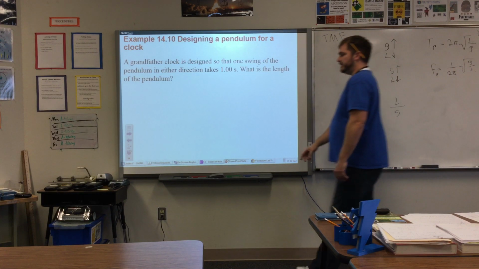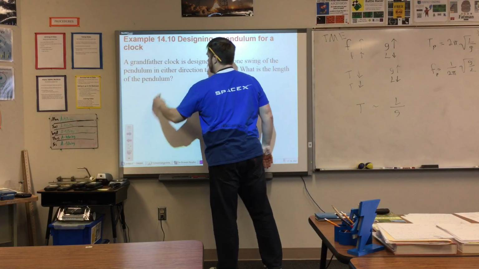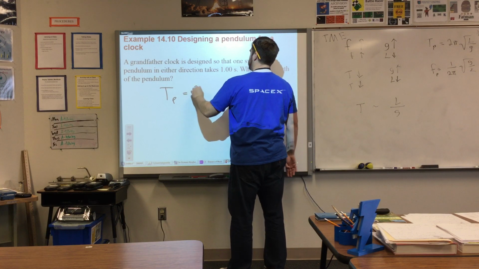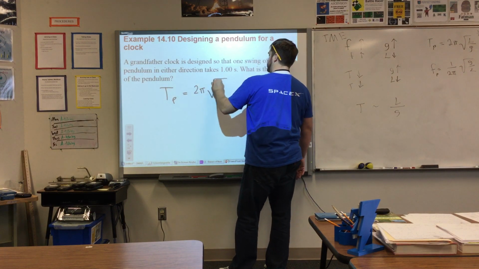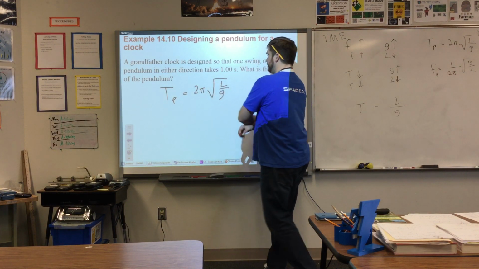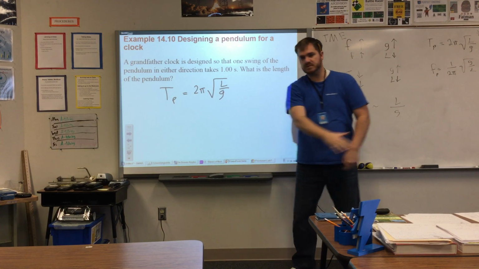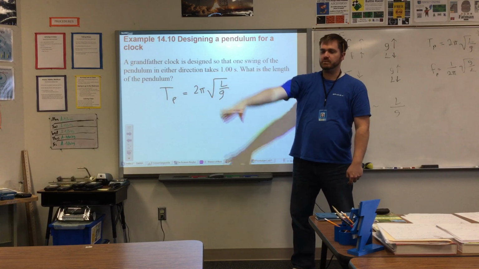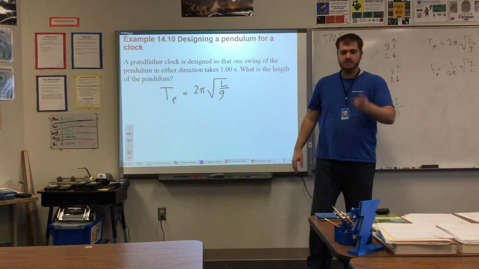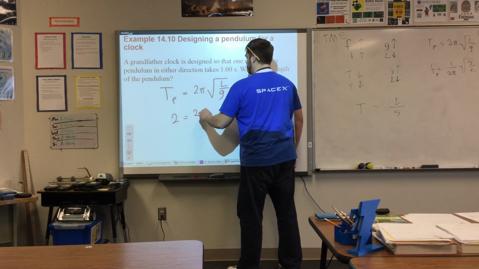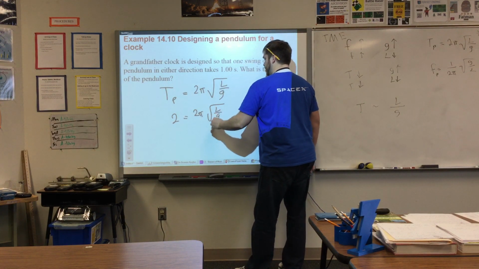So we'll put the period of a pendulum is 2 pi times the square root of L over G. If one swing in one direction is 1 second, what is the period? 2 seconds, that's right. So 2 equals 2 pi square root of L over G.